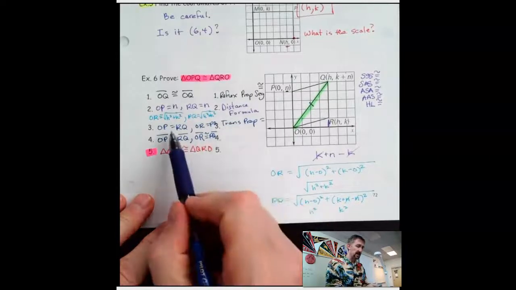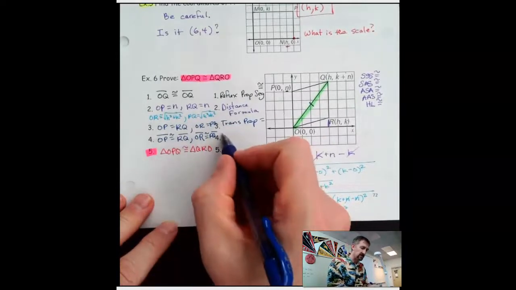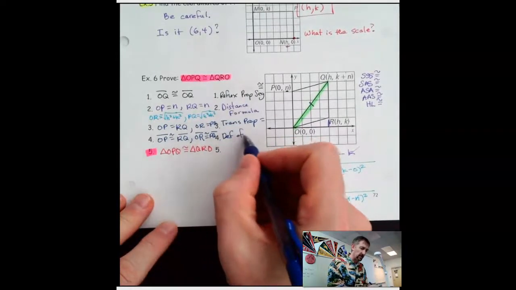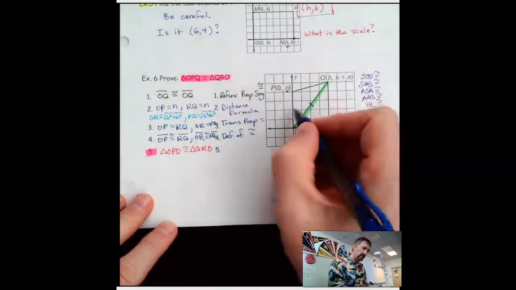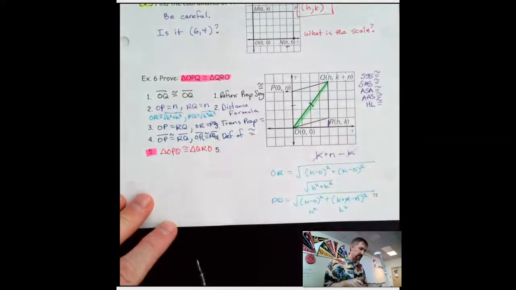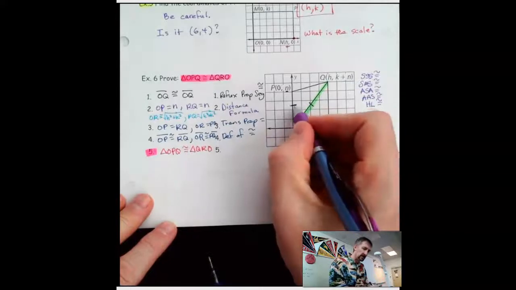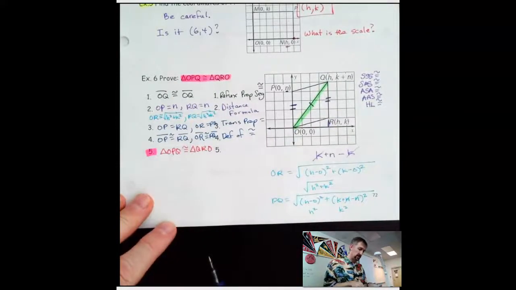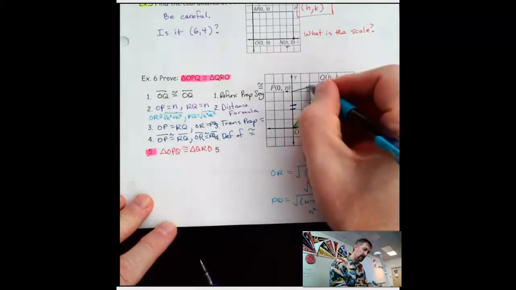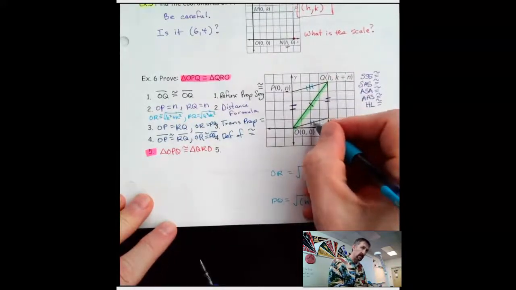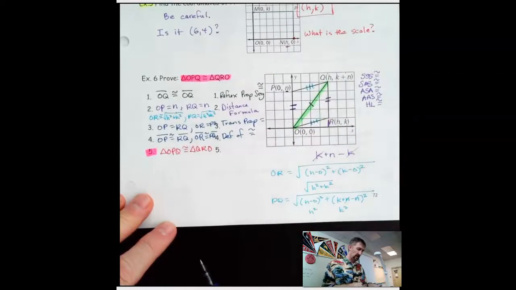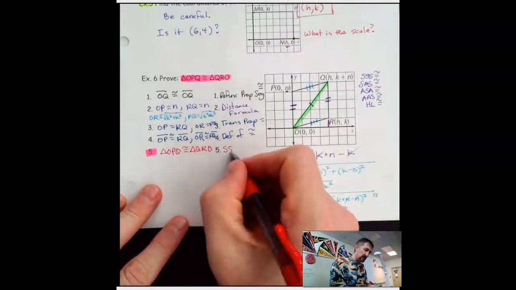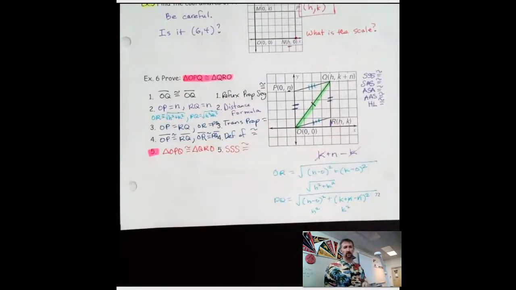So the reason for that is the definition of congruent. And I could have marked those sides on there. I guess I should have done that here. So that's going to be this side and this side. And this is going to be this side and this side. Okay? And so that is going to be side-side-side congruence.